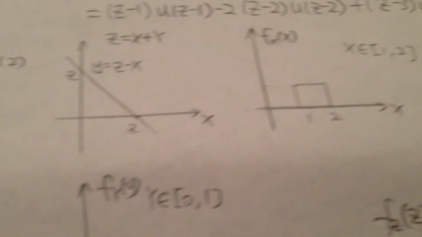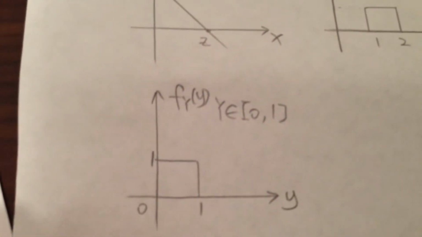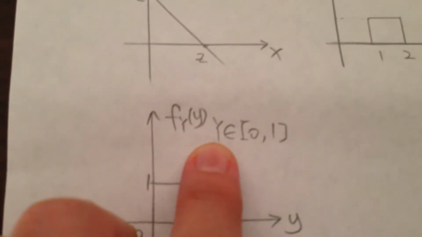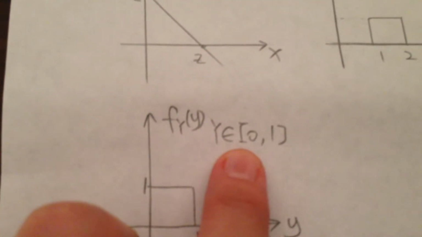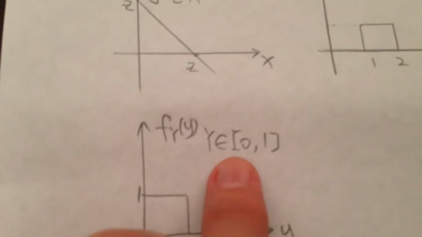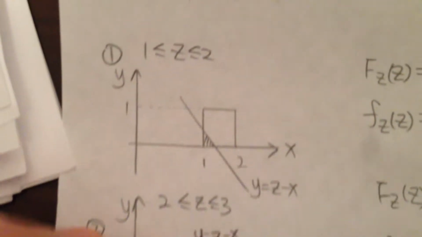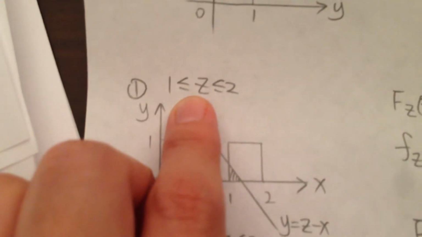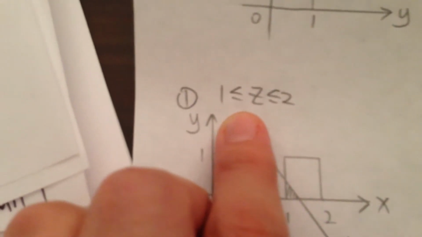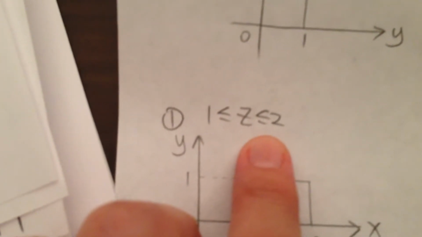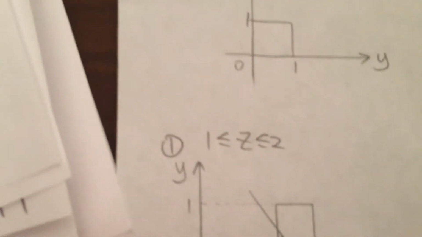And we can also draw the picture of the density function of y, where y is ranging from 0 to 1. Therefore, when z is ranging from 1 to 2, we can have this picture.